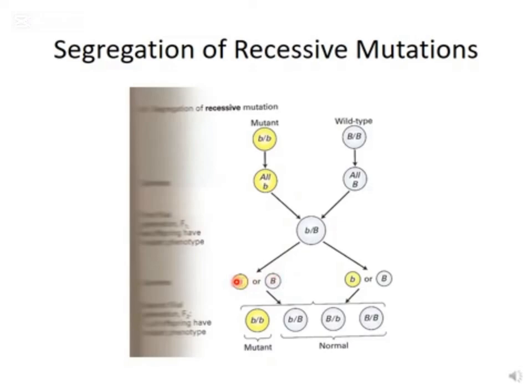In this case, either you're going to get a recessive mutant with a recessive mutant, which is going to lead to a mutant phenotype, or you're going to get a recessive mutant with a dominant wild type, a recessive mutant with a dominant wild type, or a dominant wild type with a dominant wild type, and the last three cases are going to result in a phenotype that is normal, or what we call the wild type phenotype.